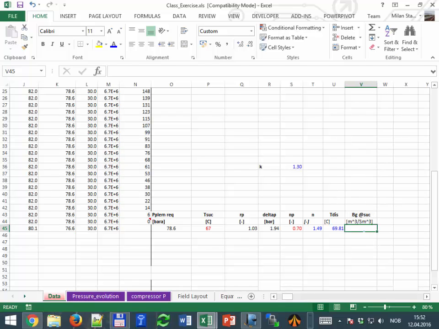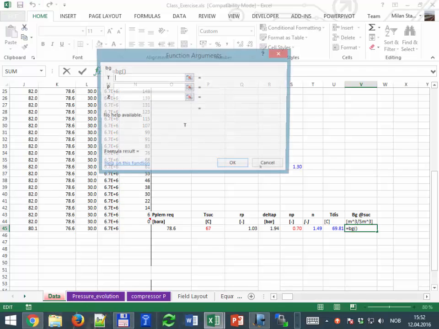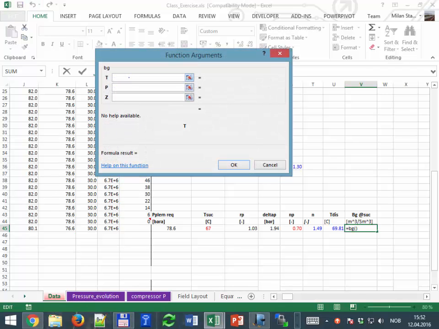And BG depends on the temperature, and that also has to be in absolute. So the temperature at the suction is this one, plus 273.15. Then the pressure is this pressure here, that's the suction pressure of the compressor.